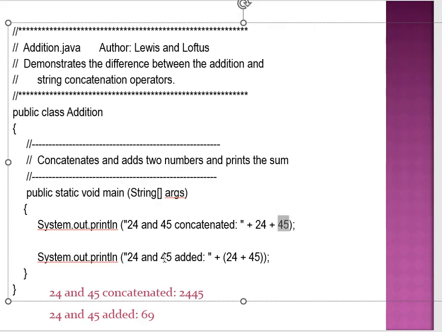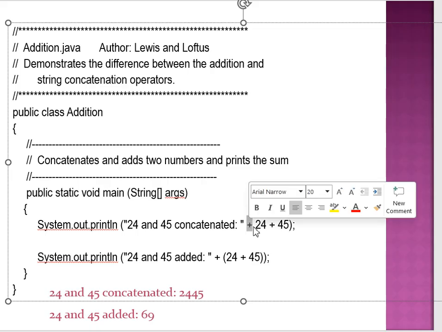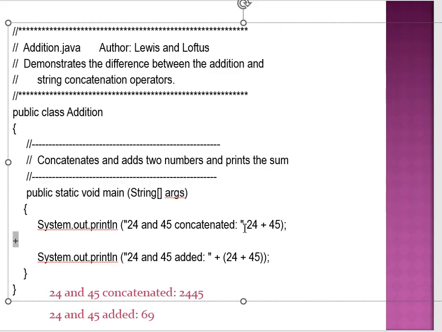Then next we are trying to add. Have you noticed? We are adding here. So 24 and 45 in the first one are getting concatenated. This plus at the beginning of 24 makes everything different, because notice we are trying to actually add.